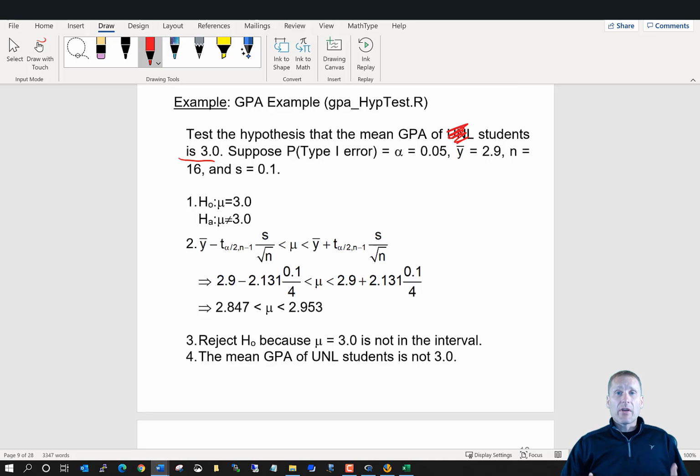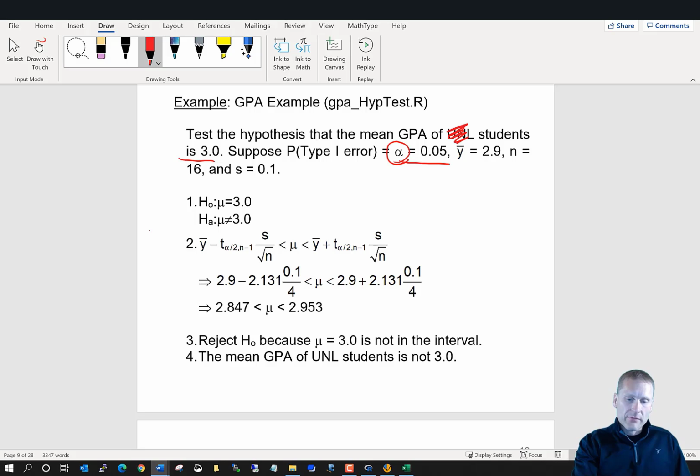So we're going to do this hypothesis test in a way where we're going to state alpha to be 0.05. We made that decision, and then we go out and take a sample. The sample gave us y bar equal 2.9. Sample size was only 16, and the standard deviation was 0.1 of these GPAs.